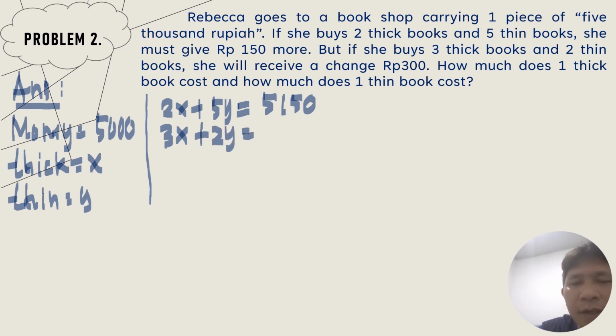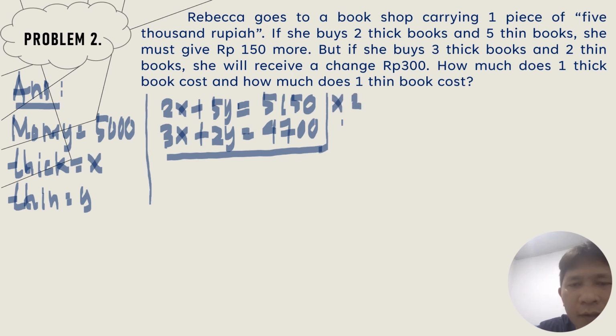she will receive a change. It means 5,000 minus 300, so it becomes 4,700 rupiah. Okay, now we're gonna solve this using the elimination method. We're gonna eliminate the variable y, so we're gonna multiply this with 2, and this is multiplied with 5.